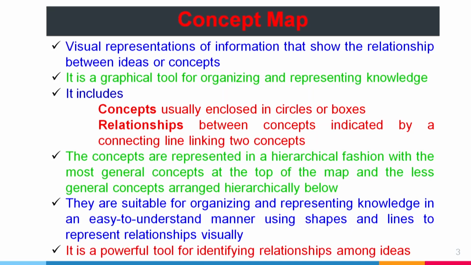So concept maps are basically for representing complex information in an easily understandable, hierarchical format, from general to specific, through a visual representation method. It is a powerful tool for identifying relationships among the ideas.